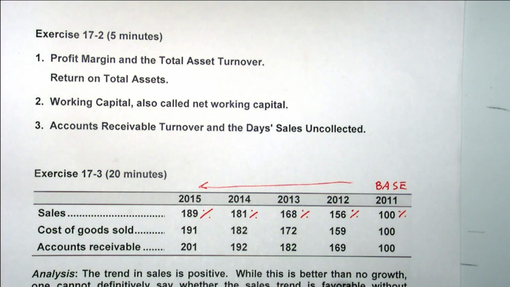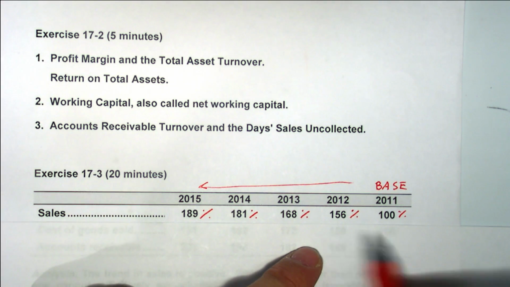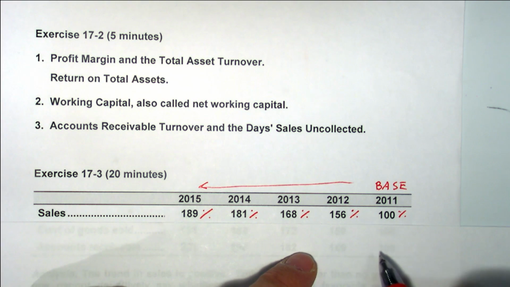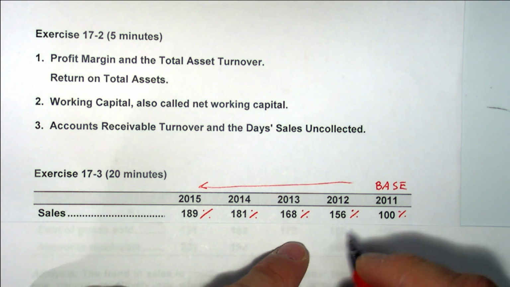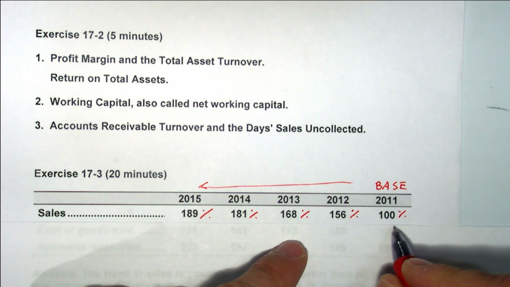What you said here is, well, let's just do this one. You had 56% right there. Well, they're both pretty much saying the same thing. What they're saying is the 2012 amount is 156% of the 2011 amount.